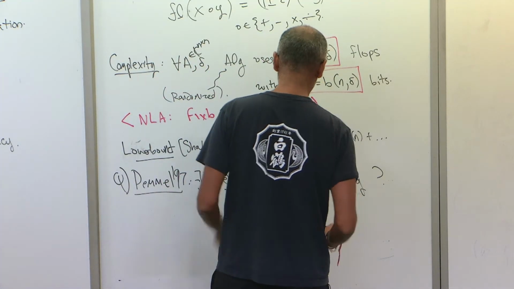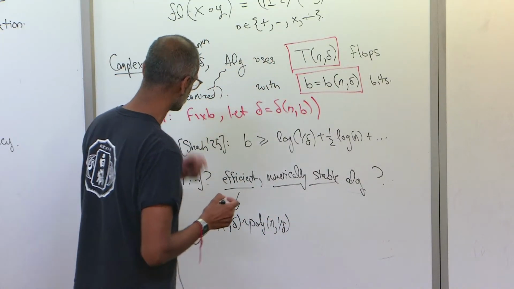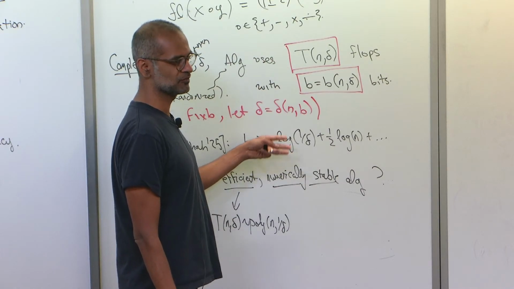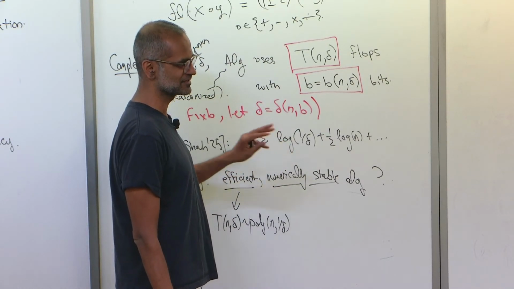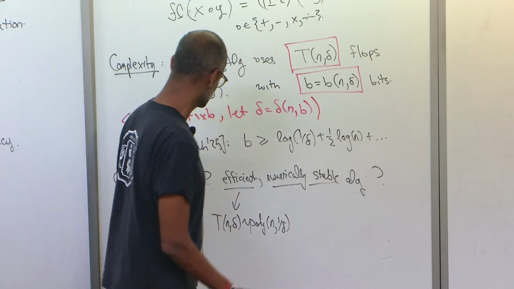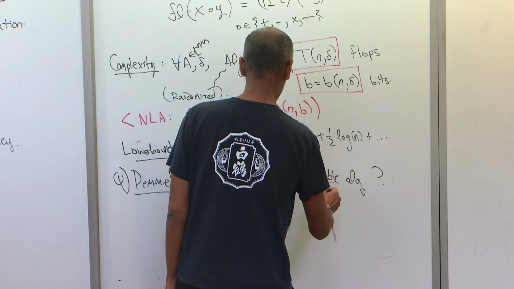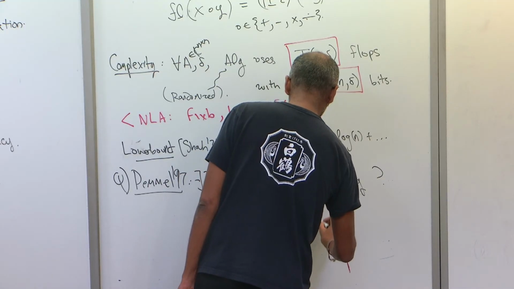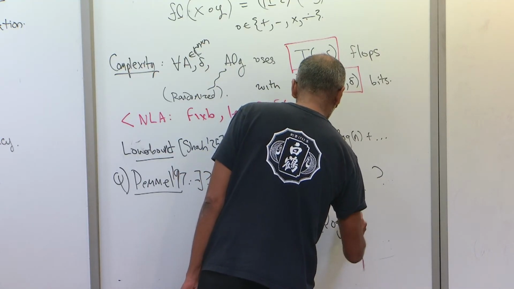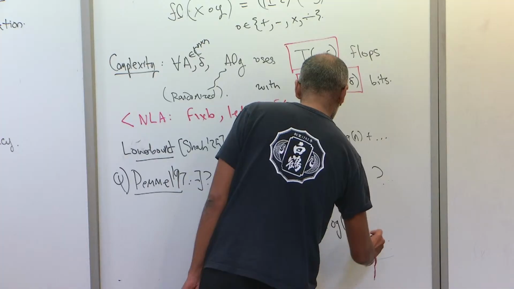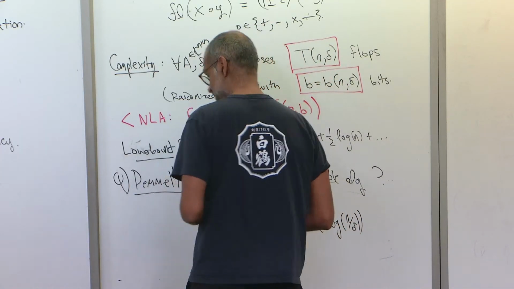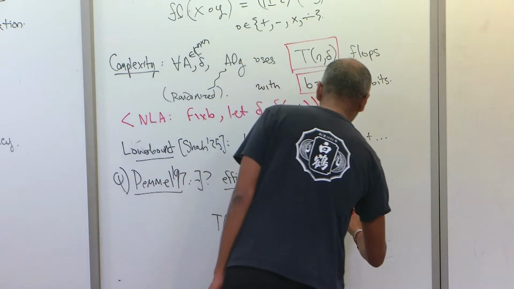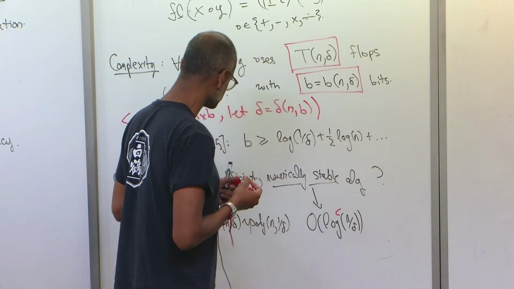Numerically stable. We've seen various definitions of stability. The best thing you could hope for is this lower bound, which corresponds to a true notion of numerical stability that's accepted in numerical analysis. You could ask for matching this lower bound, or something slightly weaker. You could ask for order log n over delta bits, or relax a little more and ask for order log polylog n over delta bits.